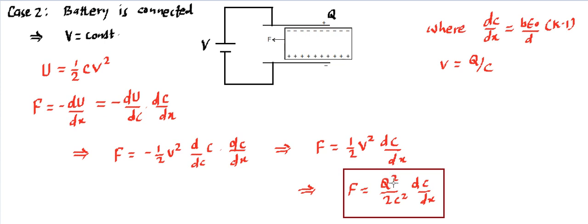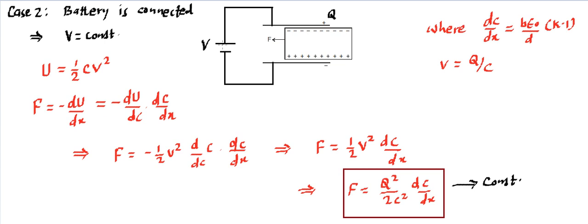Here this Q is a variable, C is a variable, and if we talk about Q by C, which is V, which is a constant, that means this term is a constant, and we have already talked about this dc by dx is a constant. That means the force is going to be constant when the battery remains connected.